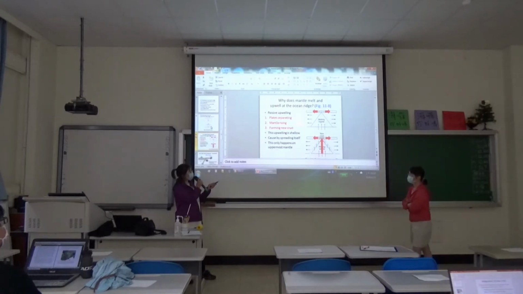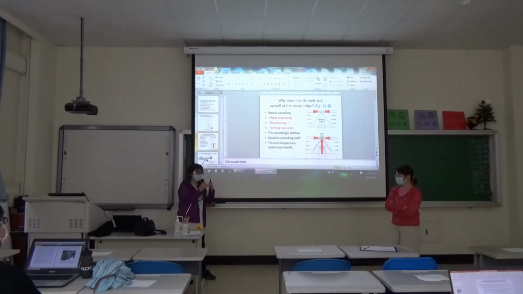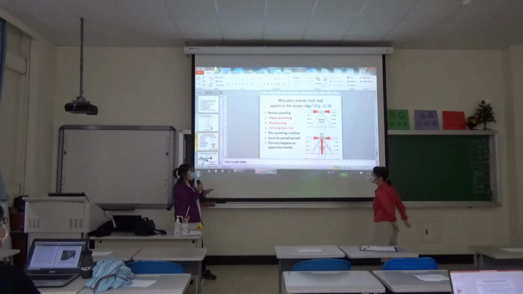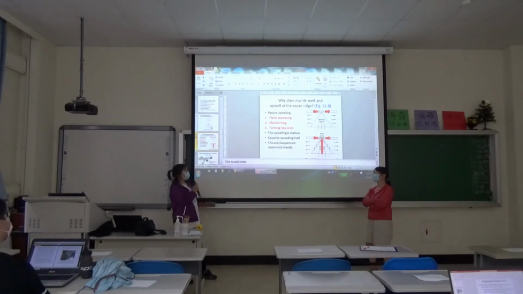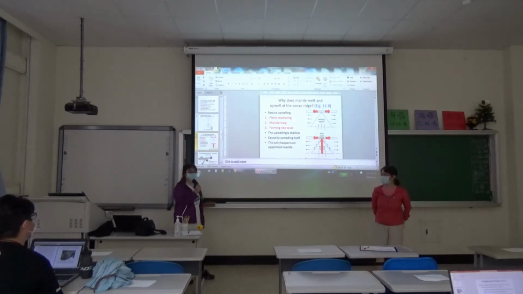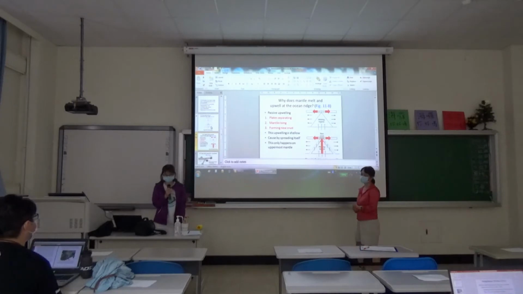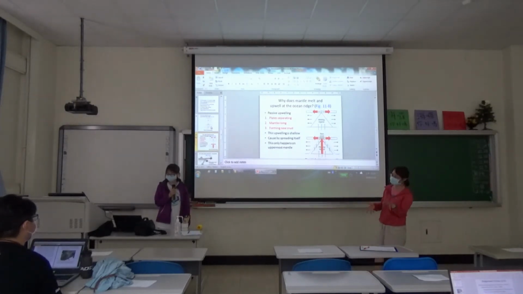It melts because the pressure decreased here and the melting point decreases. What's the specific term for the melting point? That's what we learned 2 weeks ago. Just 2 weeks ago. A very complicated phase diagram with 2 minerals.